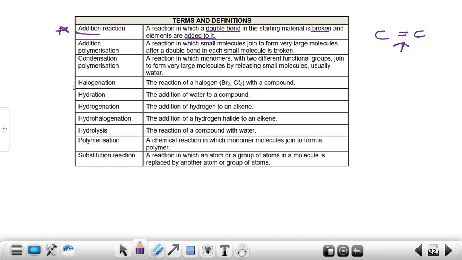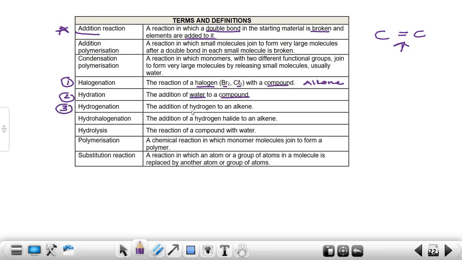So let's look at what are those reactions and what are the elements that we are going to add. So if we speak about number one, halogenation, it means that we are adding a halogen, Br, Cl, F, I, with a compound, and that compound is going to be our alkene. Hydration, we are going to add water to an alkene.